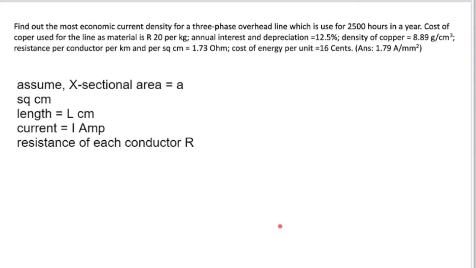Resistance of each conductor. How do we calculate resistance? It is rho L over A. Rho is there, so we took L. That's fine. But L we chose to be in centimeter, whereas in the problem what is given is per kilometer. So L over 10 to the power 5 is now in kilometer. Sorry, in centimeter now.